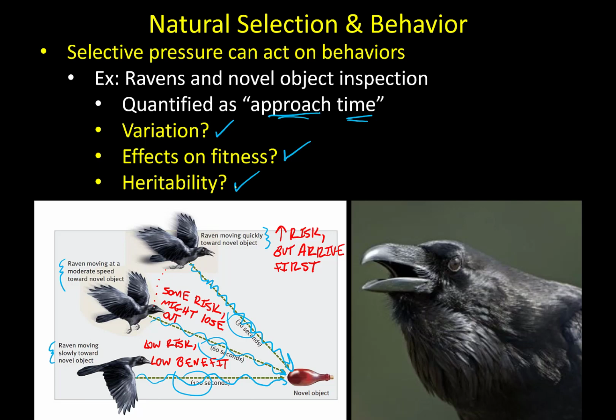Variation for this behavioral trait has to be heritable from one generation to the next. If it's not, then natural selection can't act on it. We currently don't know, based on the information we have here, whether the trait is heritable. So how do we figure that out?